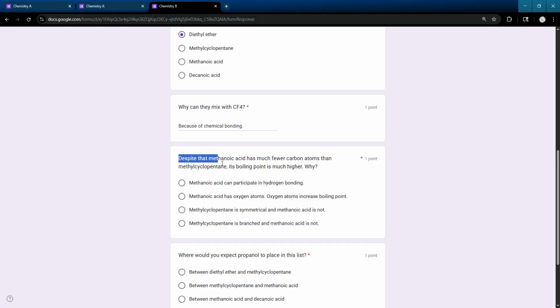Despite that, methanoic acid has much fewer carbon atoms, then its boiling point is much higher because it contains more and participates in more hydrogen bonding. No, it has an oxygen atom. Symmetrical and acid is not. Has oxygen atoms. Oxygen atoms increase boiling point.